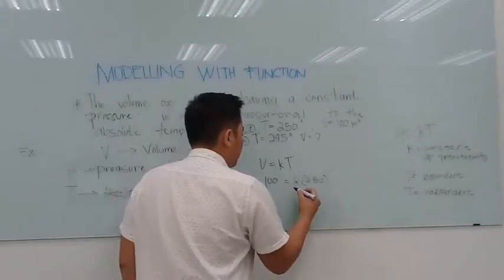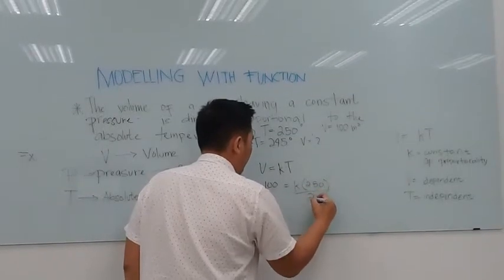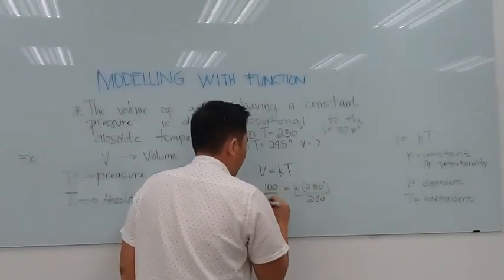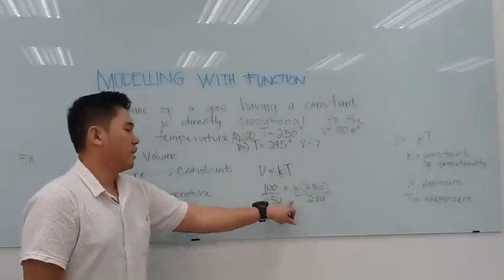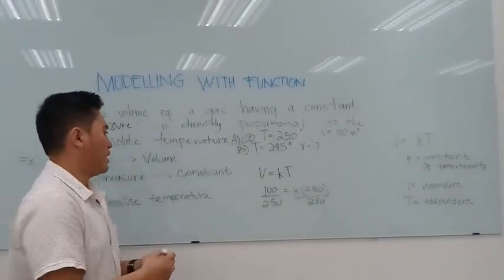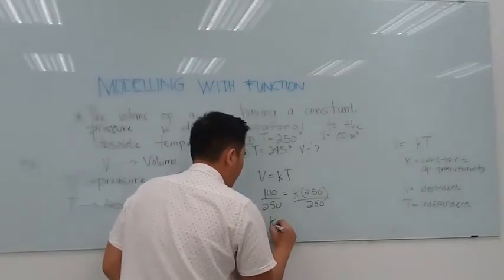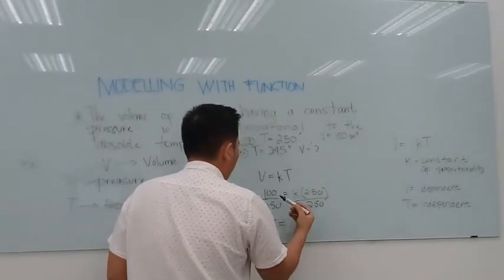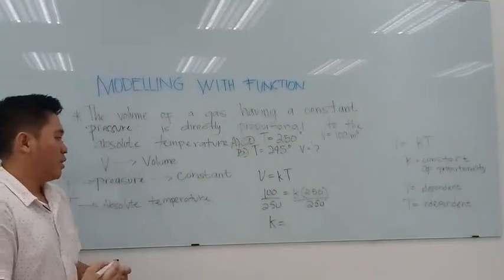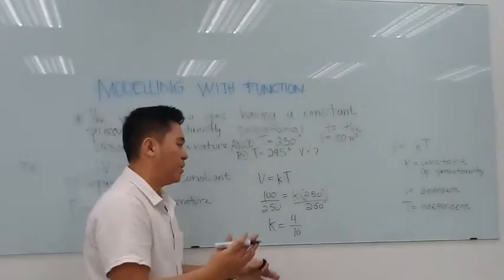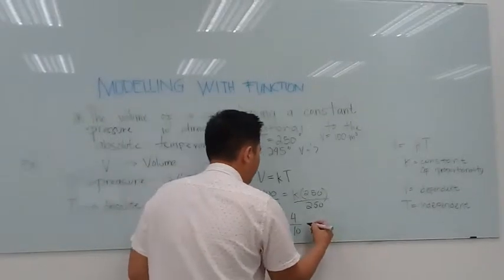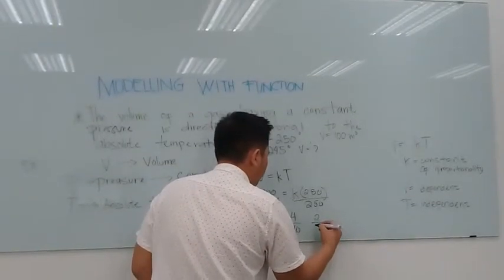Simply divide by 250 to cancel it out, then the remaining variable would be K. So K is equal to 100 divided by 250, which is 4 over 10, and simplified further is equal to 2 over 5.